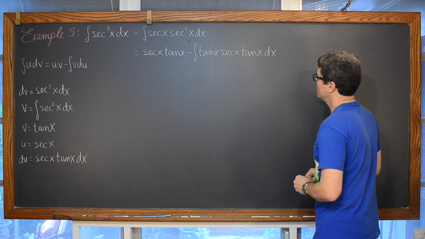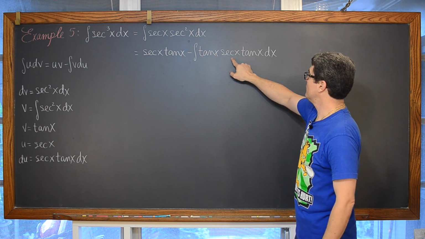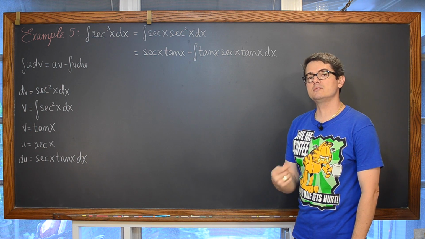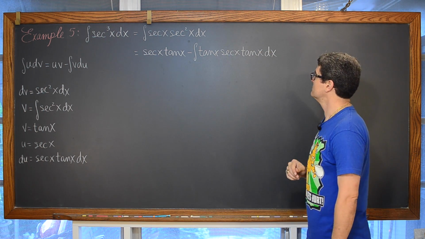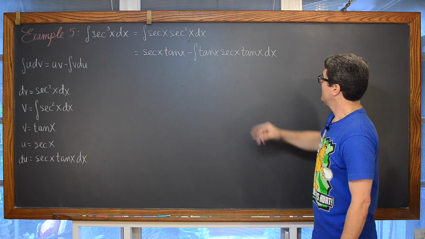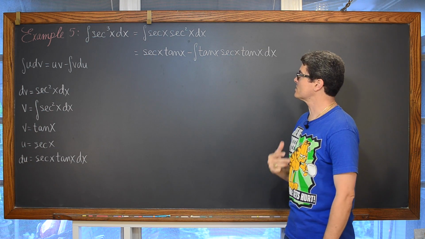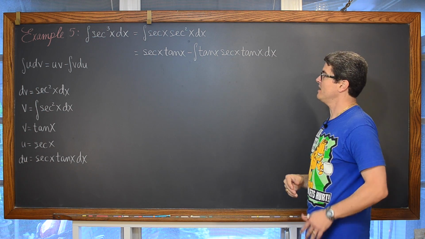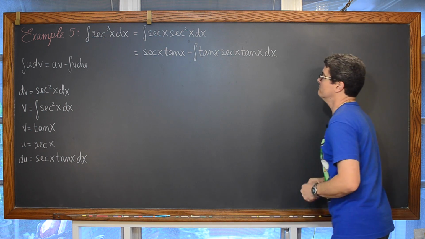Well, we have a lot going on here. If we look at secant of x as being u, then du would be secant of x tangent of x, and we don't have another secant factor in here. The derivative of tangent is secant squared, so it seems like we're not going to be able to easily integrate this expression.